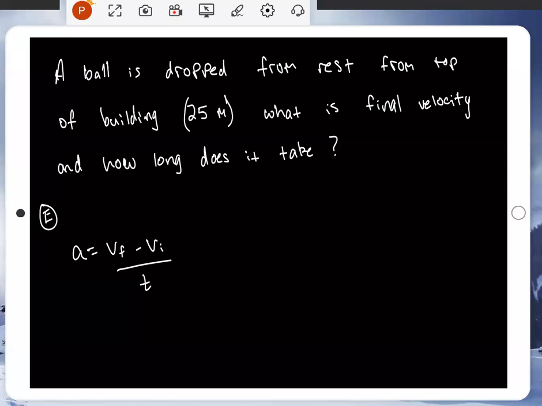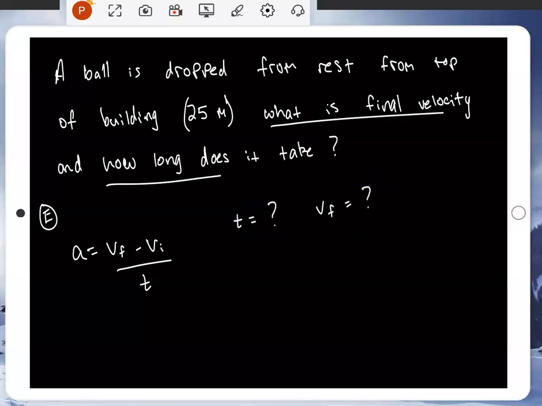So T is the unknown. Yes. We got two things actually they're looking for, right? Same as last time, you'll see it in the same question sometimes. Oh, okay. So they want both of these things.